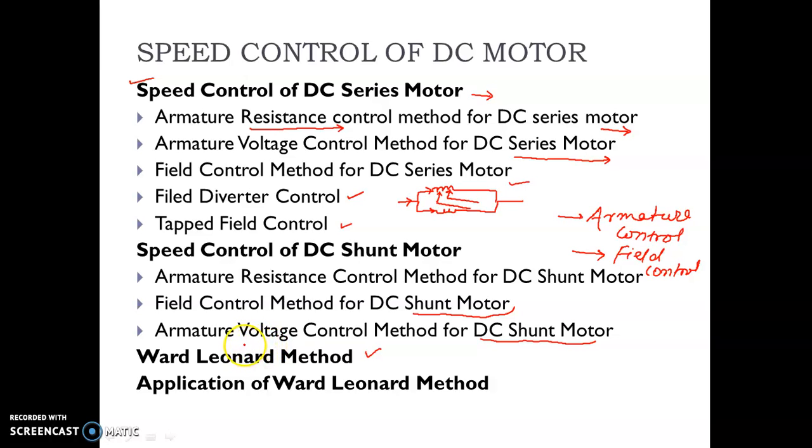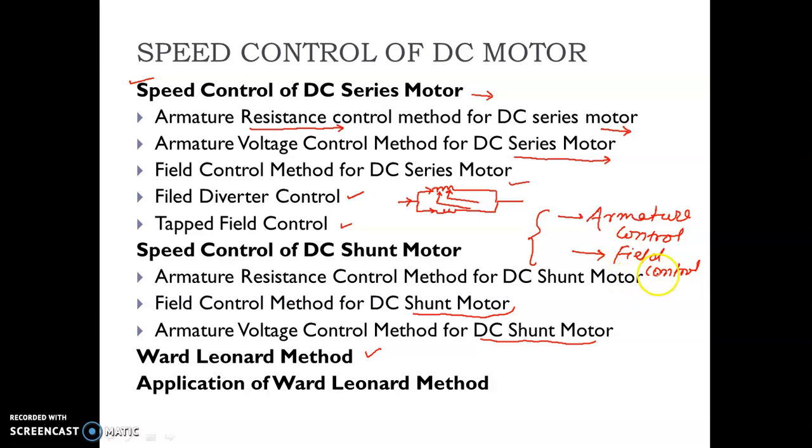But here, the fundamental concept is only this: by using the power electronic structure, armature control and field control is done. Here we control the armature and field by the classical or conventional method, and if you apply power electronics, the same work is done.